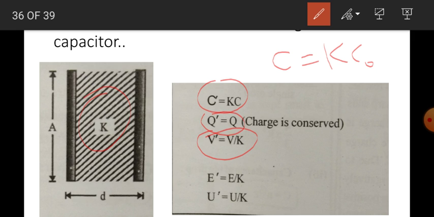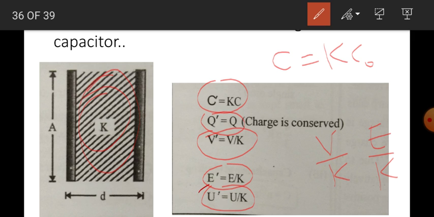Potential difference will decrease K times due to the polarization effect, and my electric field will also decrease. The molecules of the dielectric create their electric field in the opposite direction, so the electric field intensity will get reduced inside, and the energy stored by the capacitor will also decrease.